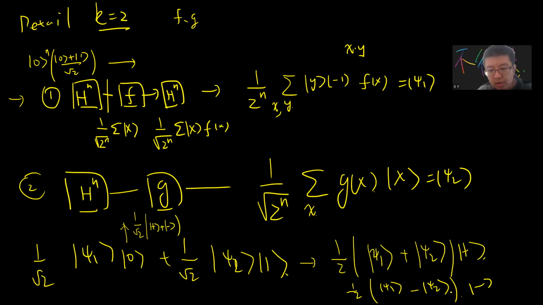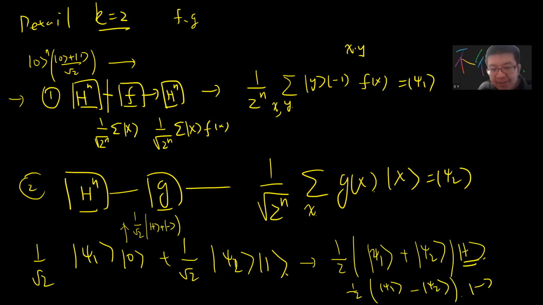Okay, so the probability that you measure plus will be proportional to this amplitude, and minus will be proportional to this amplitude. So all I need to do is compute the inner product of these. The computation is cumbersome, but hopefully we will survive this proof.